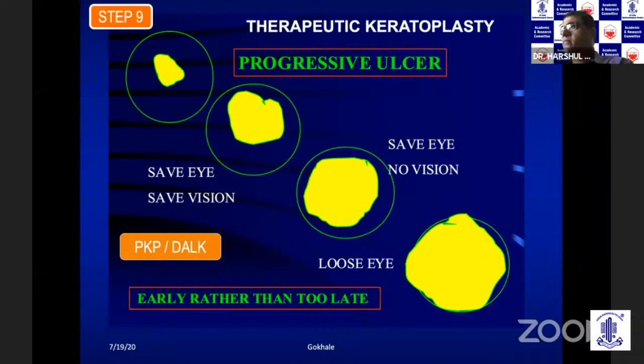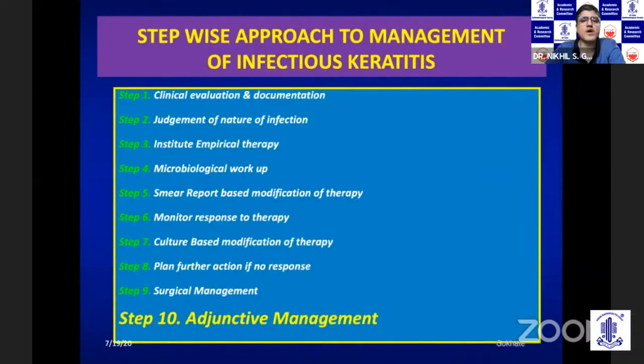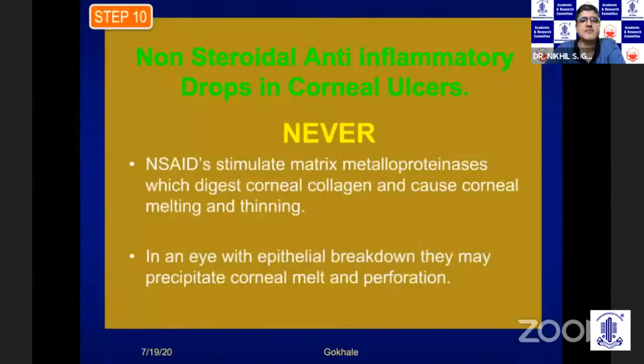And just one or two points about the adjunctive management, I would like to warn that giving too many drops in a corneal ulcer patient doesn't really help. So with your cycloplegics such as atropine or homatropine and your antimicrobial drugs, don't give too many drugs which will reduce the compliance. For example, you may give lubricants and so forth.